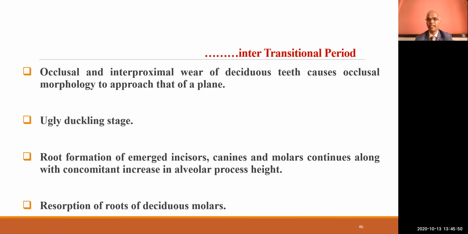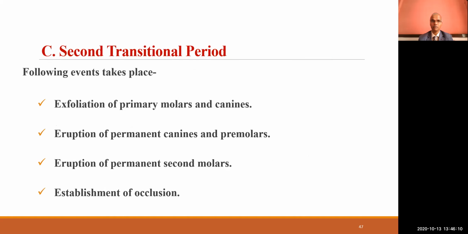Occlusal and interproximal wear of deciduous teeth causes the occlusal morphology to approach that of a plane, the ugly duckling stage. Root formation of emerged incisors, canines, and molars continues along with a concomitant increase in alveolar process height. There is also resorption of the roots of the deciduous molars.